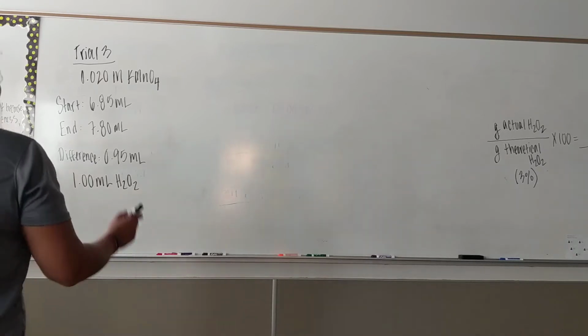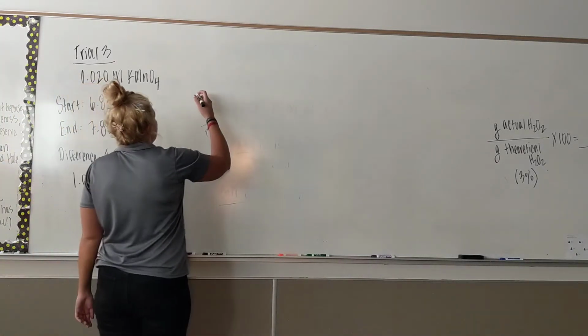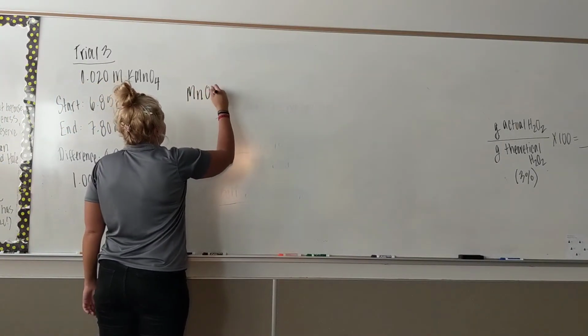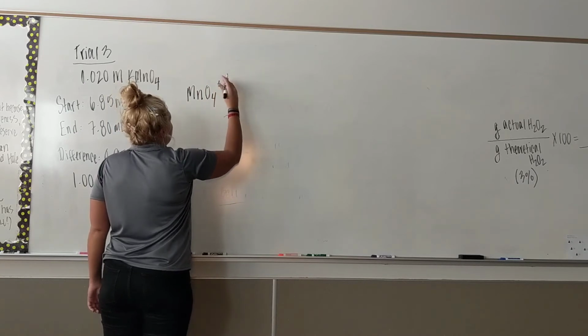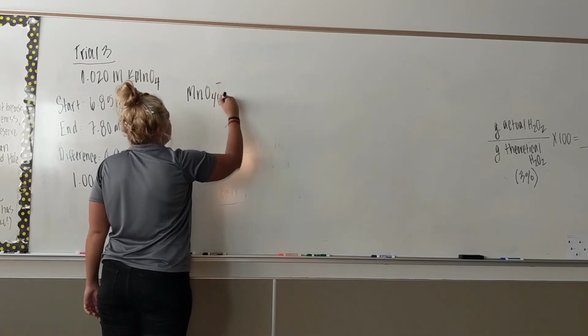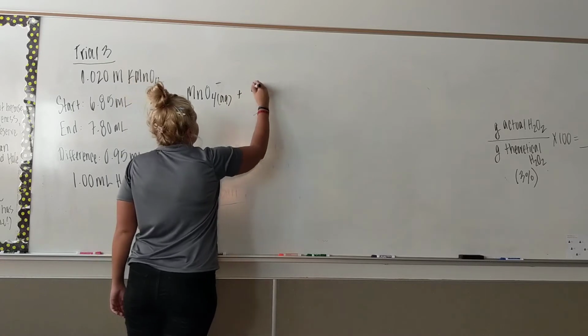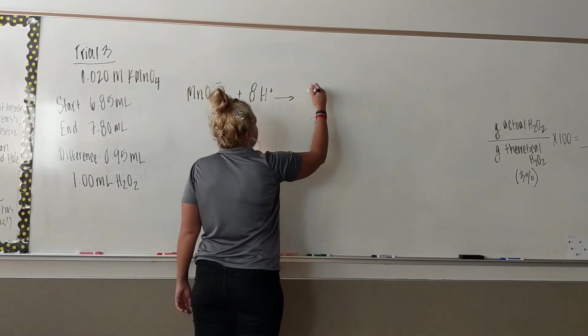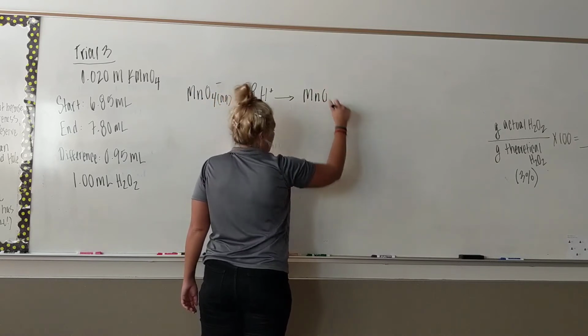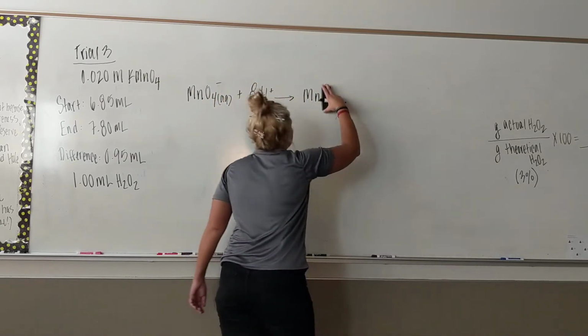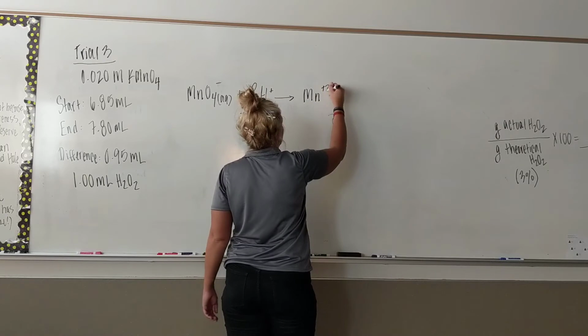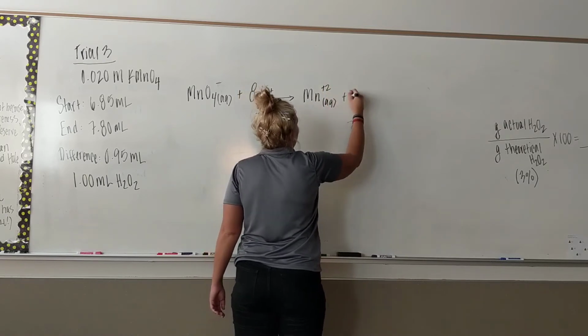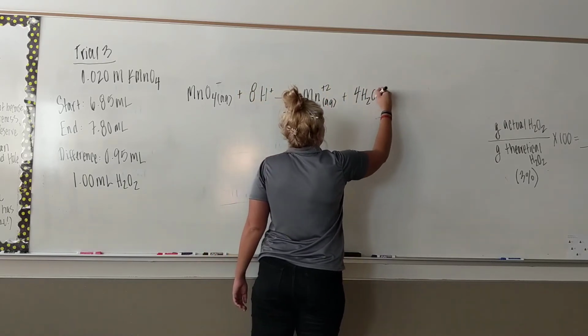Okay? We also need to remember one other piece: we have a balanced chemical reaction. So our balanced chemical reaction is this right here. Sorry, I should have had this written before I started, but I don't. Aqueous plus 4 waters.